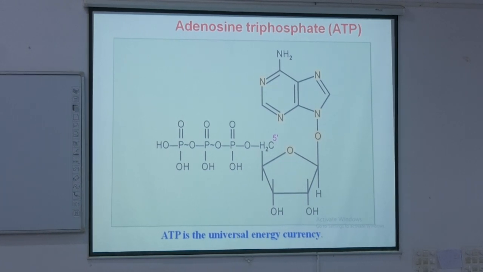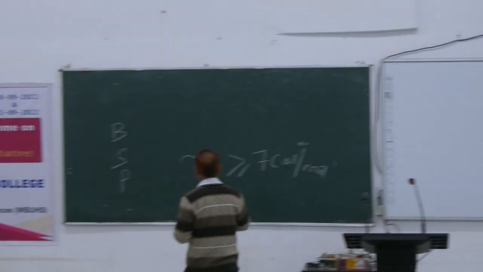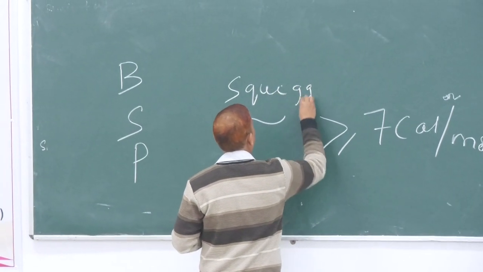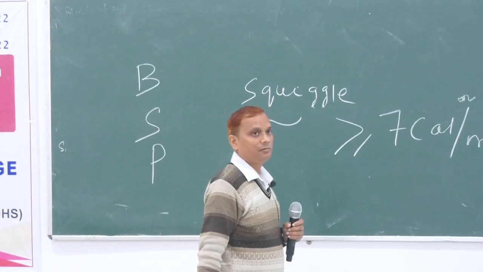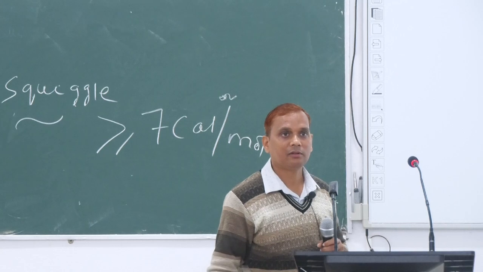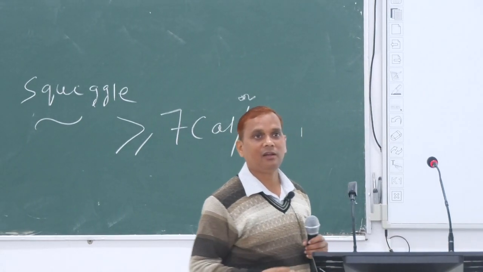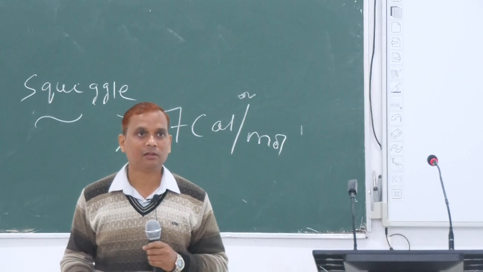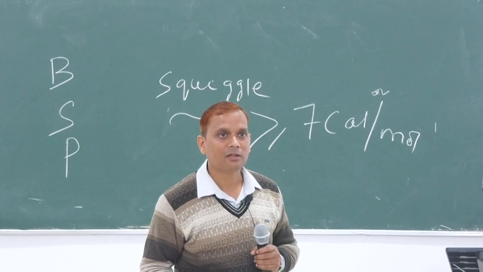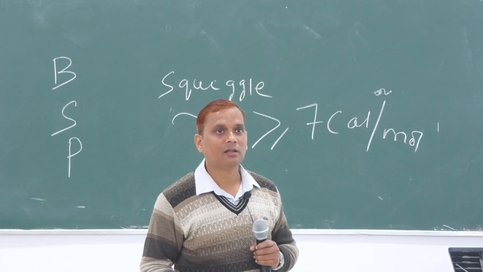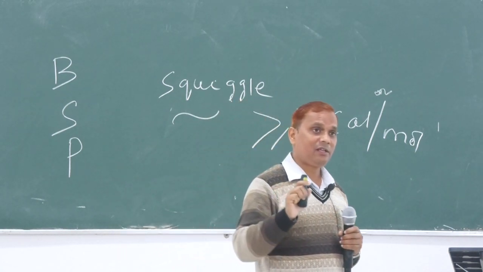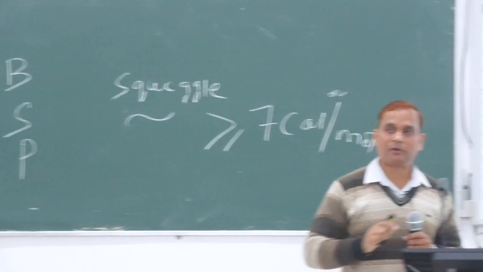This bond is the squiggle bond. This is a high energy bond, or you can tell that is a high energy anhydride bond.